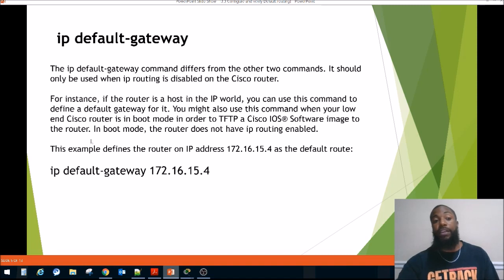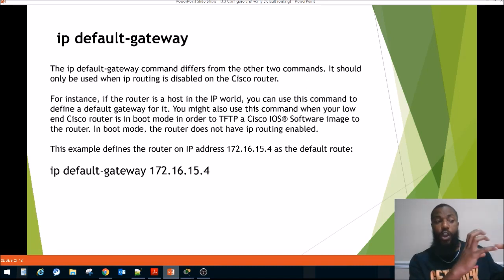And this is an example right here below. ip default-gateway. This example defines the router at IP address 172.16.15.4 as the default route. So you can do that on a router that has IP routing not enabled. I think I did something like that in the ICMP redirects video.